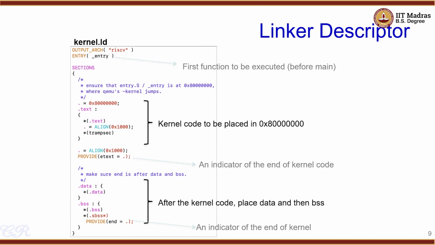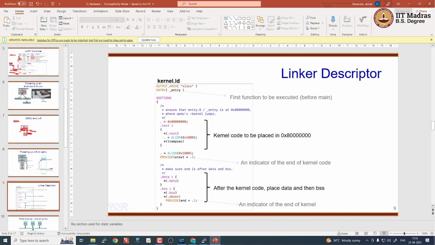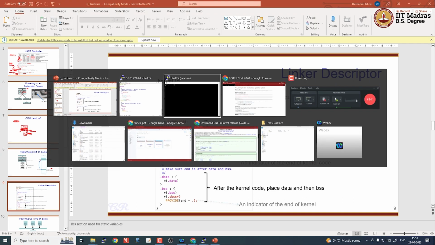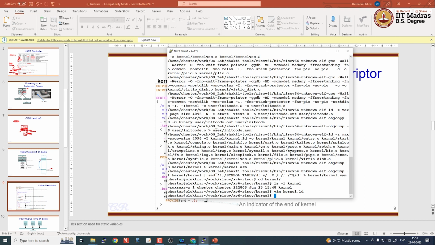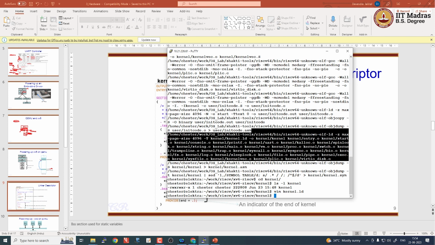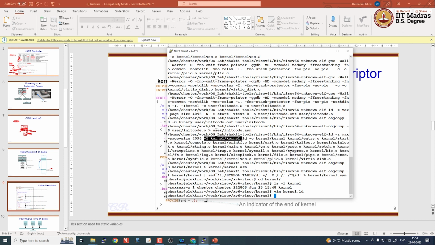Another thing I would like to show is where this kernel.ld is utilized. During the compilation, that is during the make, in this particular line we see riscv64-unknown-elf-ld, and we are given kernel/kernel.ld.